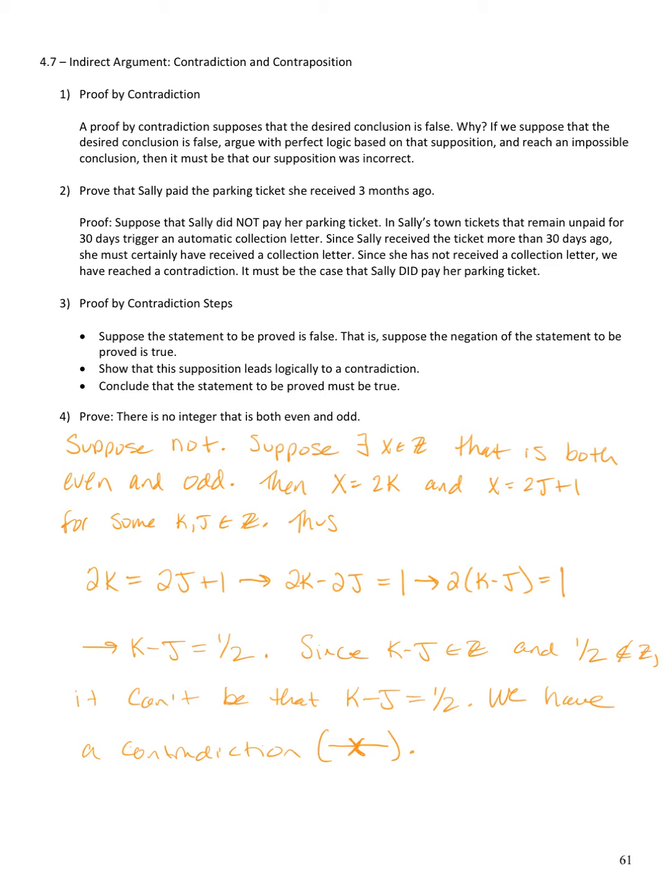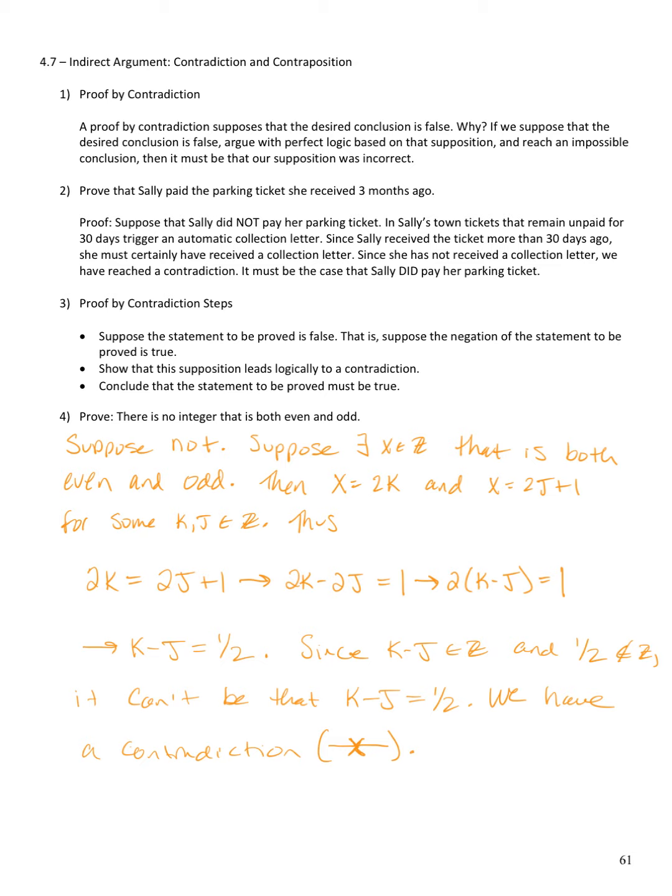Okay, so first example of proof by contraposition. Prove that if the square of an integer is even, then the integer is even. So direct proof would have us supposing m squared is even, and we would need to show m is even.